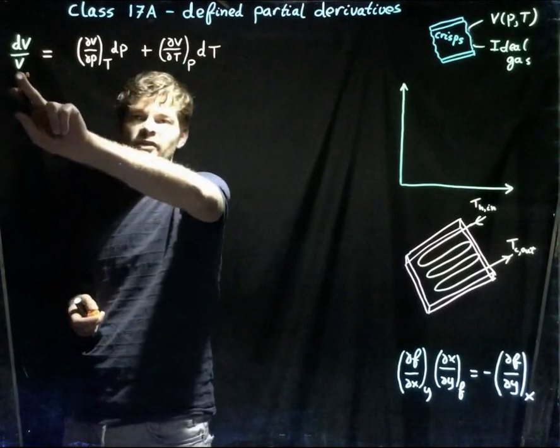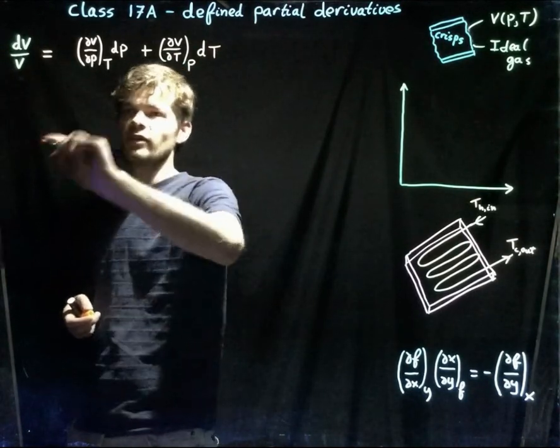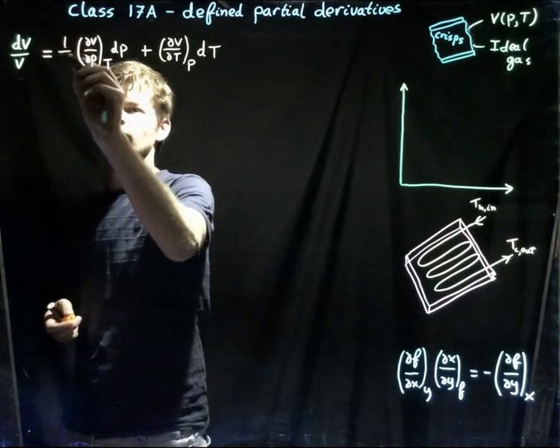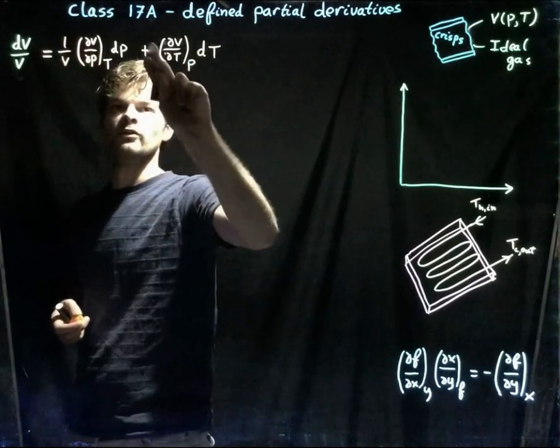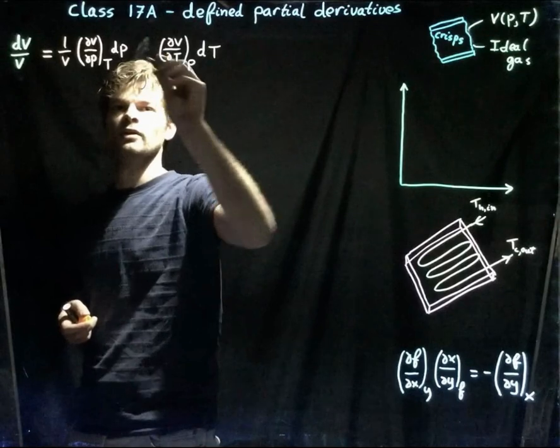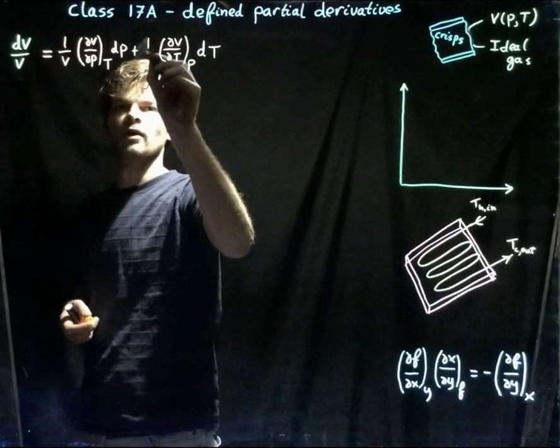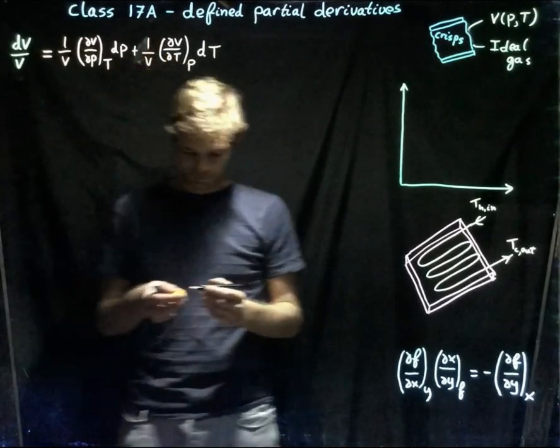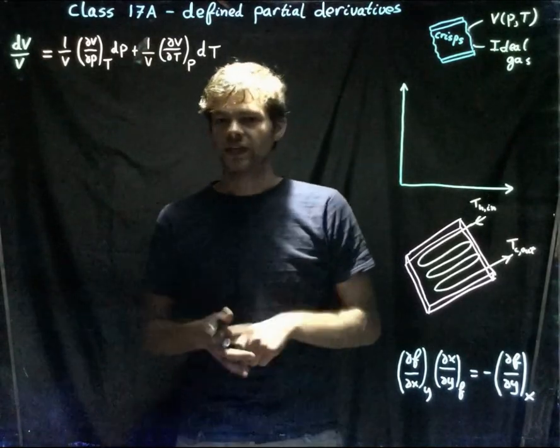And since I have this 1 over V over here, I need to put the 1 over V in front: 1 over volume times the first term, plus 1 over volume times the second term. So this is my basic equation.